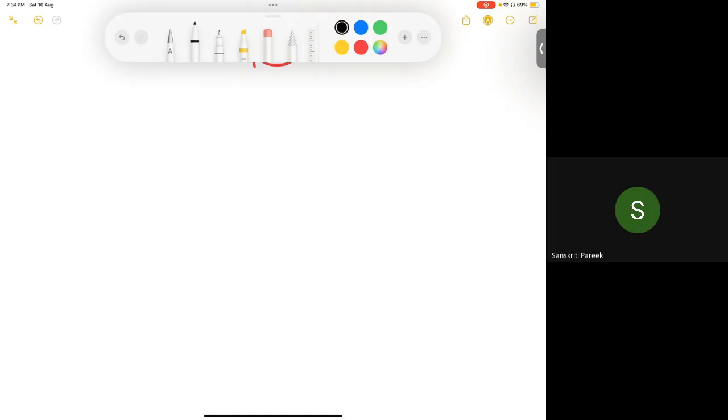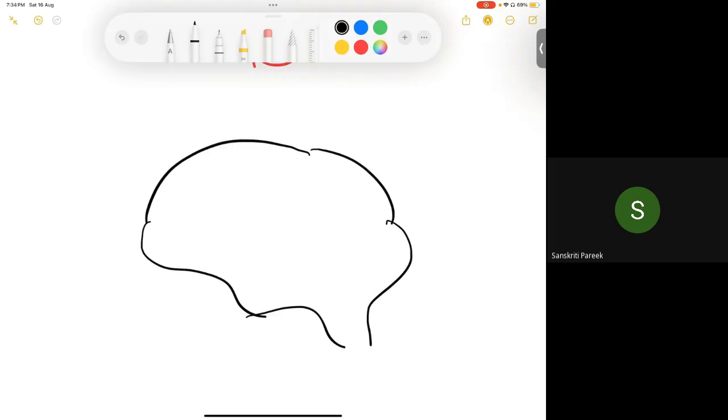Okay, perfect. So let me just draw your brain. It's a really important picture, really conceptual, and really explanatory as well. So remember, the cerebrum has a sulcus, which is known as the central sulcus. What is a sulcus? A sulcus is simply, I would say, a fissure.